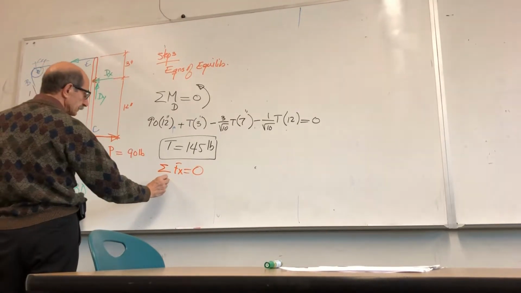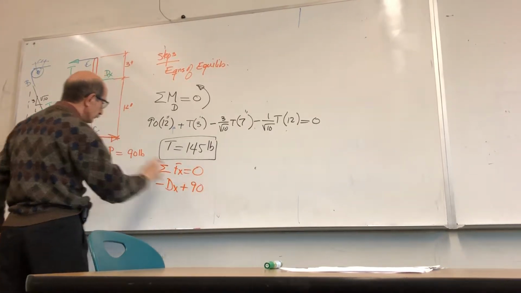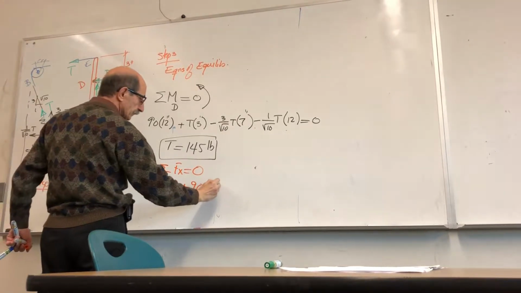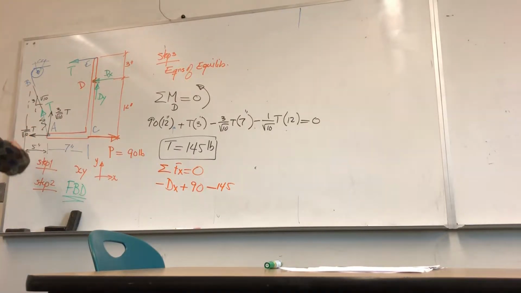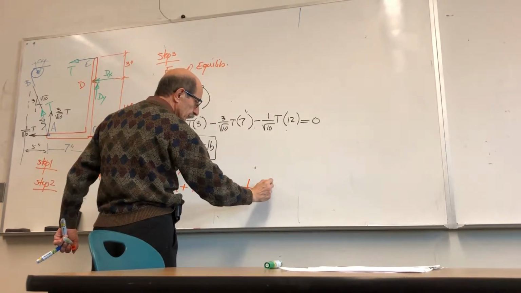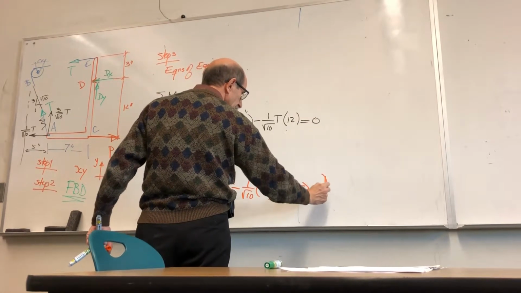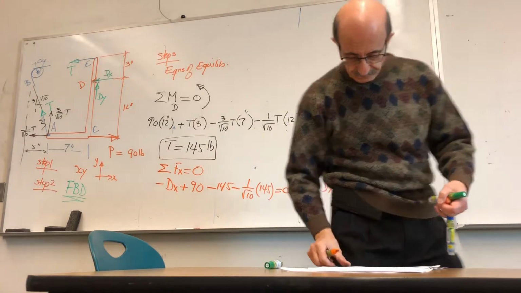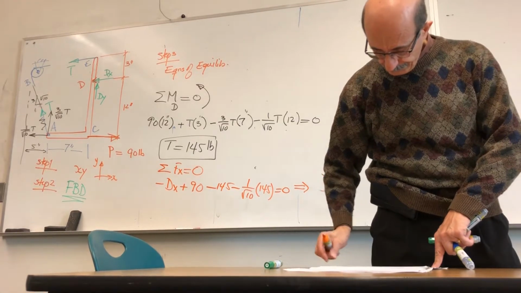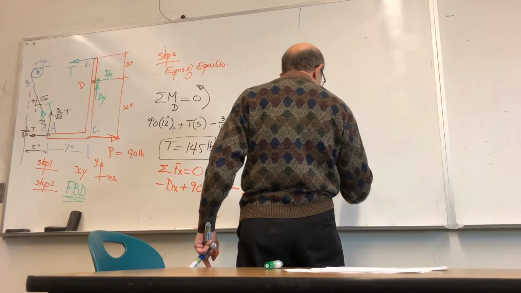That will give you negative Dx, positive 90 this way, negative T, or negative 145 pounds, and negative 1 over square root 10 times 145, equal to 0.